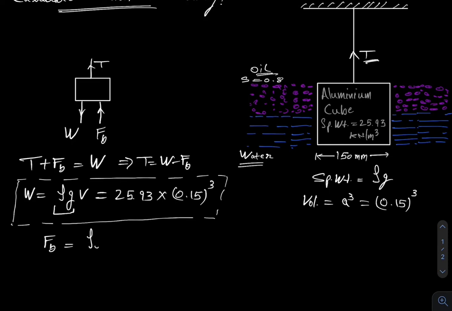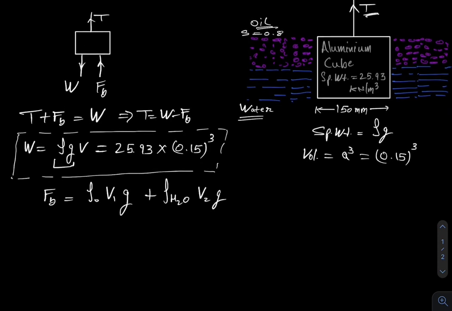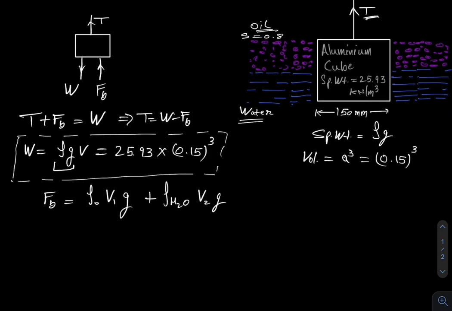It will be equal to rho oil into V1 g plus rho H2O into V2 into g, where V1 is the volume submerged in oil and V2 is the volume submerged in water, which are equal here, as it is given that half is submerged in water and half in oil.